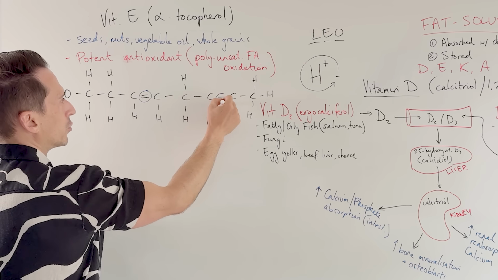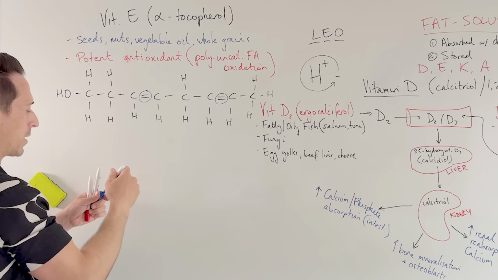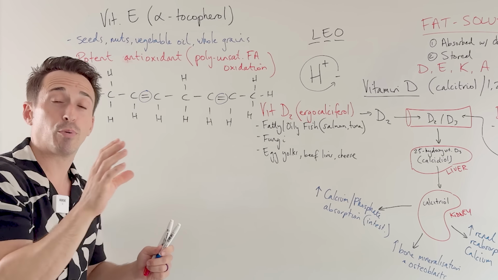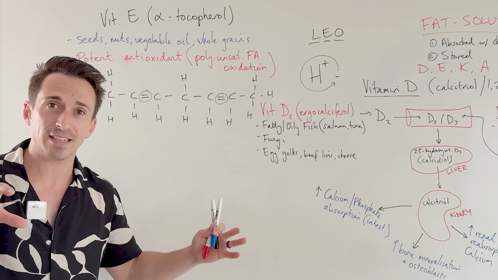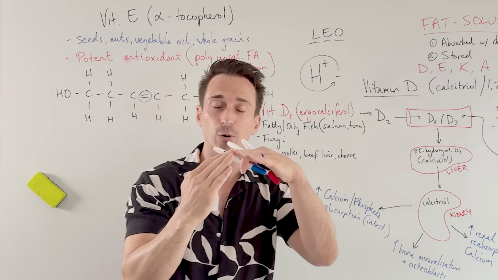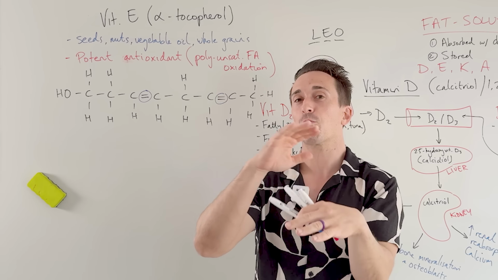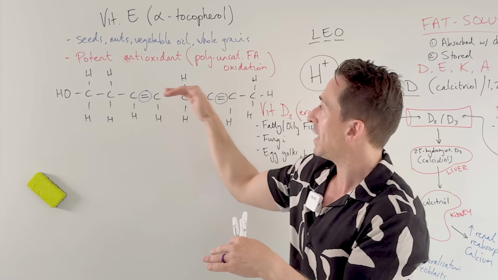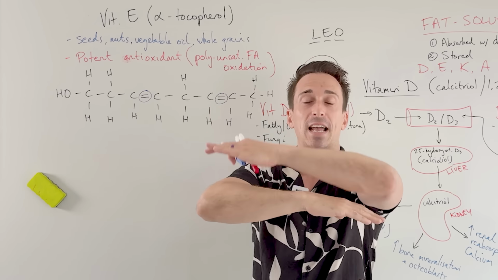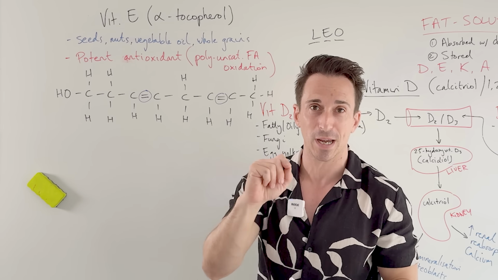Now what I haven't shown you is that where it's unsaturated, these double bonds put kinks in the fatty acid. It puts it at an angle. And the importance of this means that at room temperature, if it's linear, these fatty acids stack on top of each other and they become solid at room temperature.